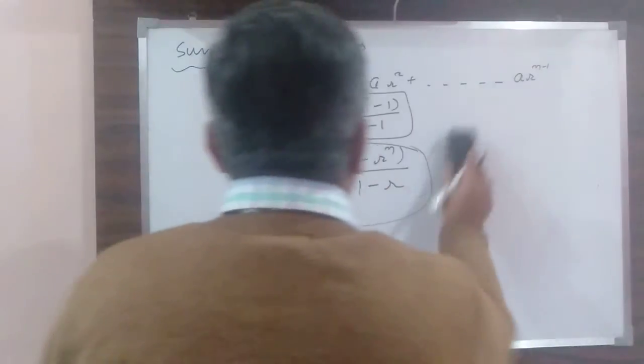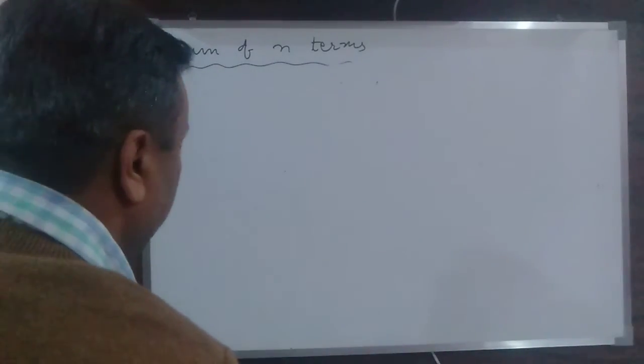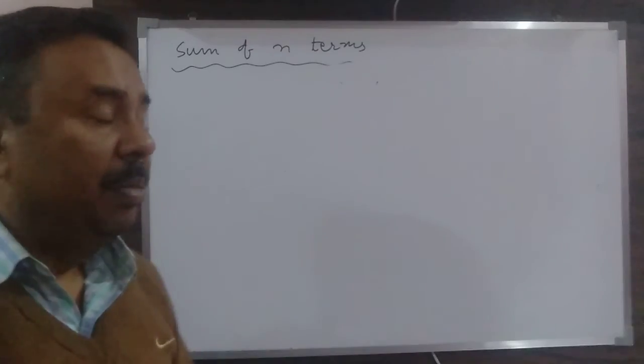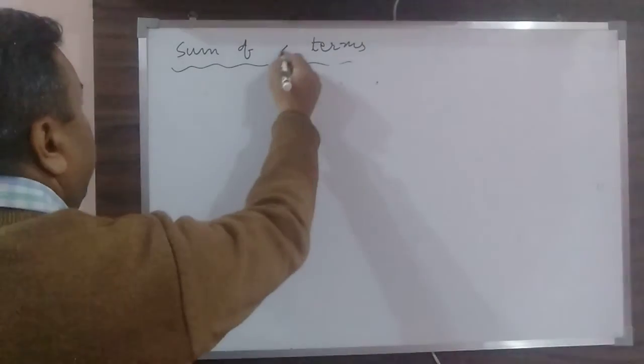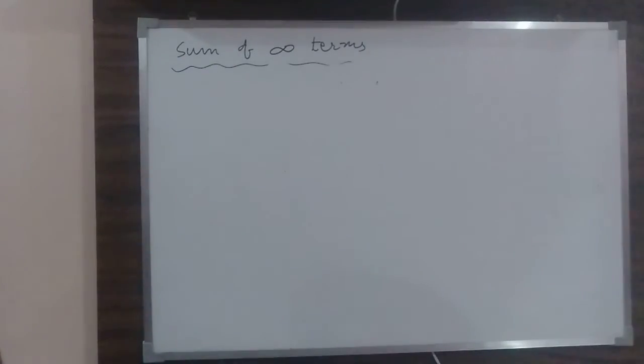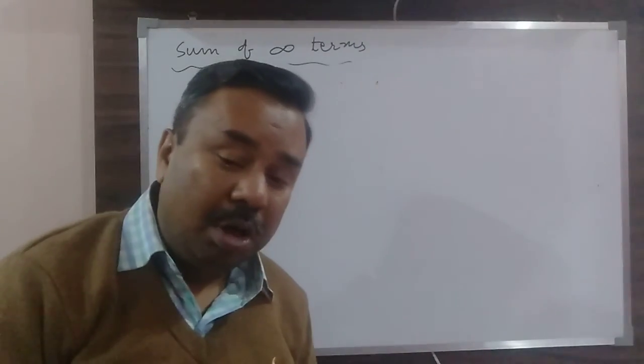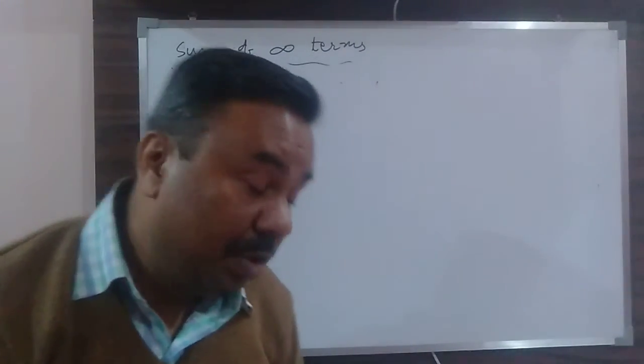Now I will give one specific formula where the sum is to be determined up to infinite terms, meaning the multiplication is going on, and what will be the sum?